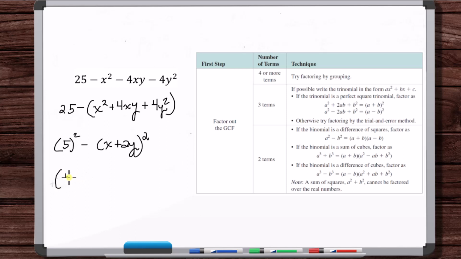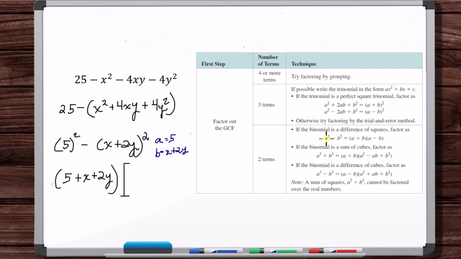So a plus b, a plus x plus 2y, and then a minus x plus 2y. So okay, this is really tricky here. We have our, okay, this is the difference of two squares. The a is equal to 5, the b is equal to x plus 2y, right?